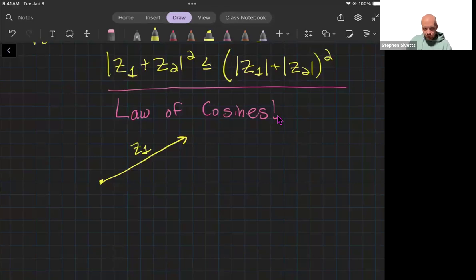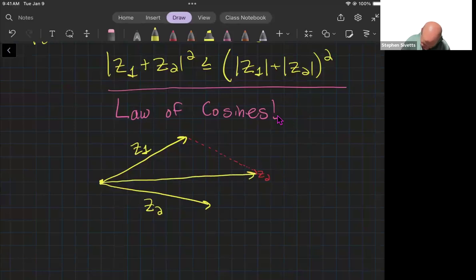So let's say that's Z1, the complex number, and let's suppose this here is Z2, the complex number as a vector. And so the vector addition, if I just go from tip to tail, here's Z2. That vector Z1 plus Z2 looks like this.